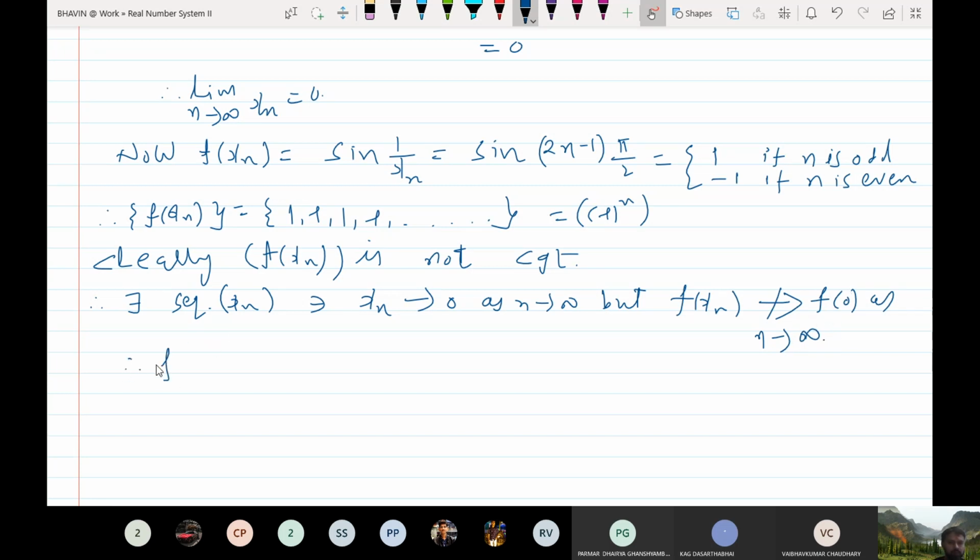Therefore f is not continuous at x equal to 0. So f is discontinuous.